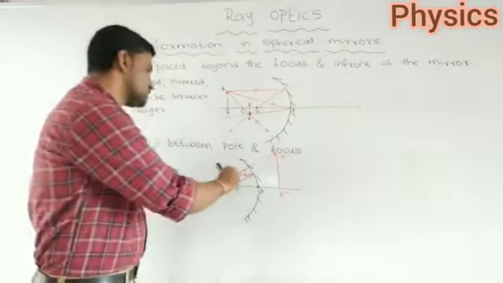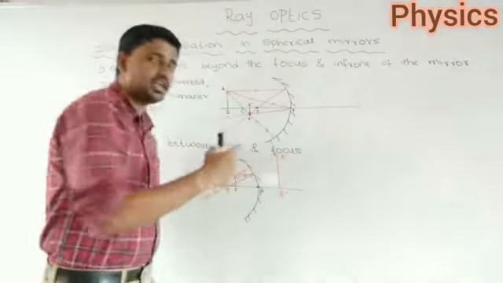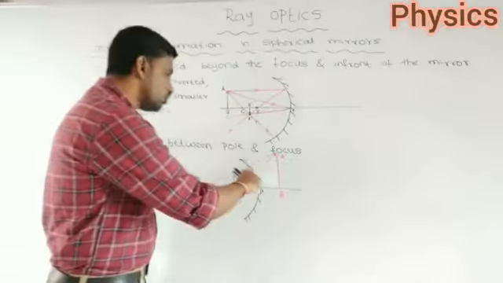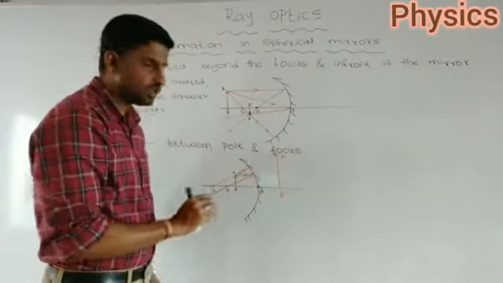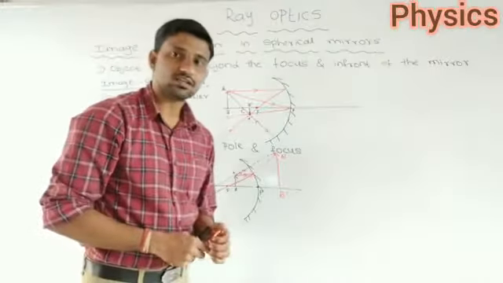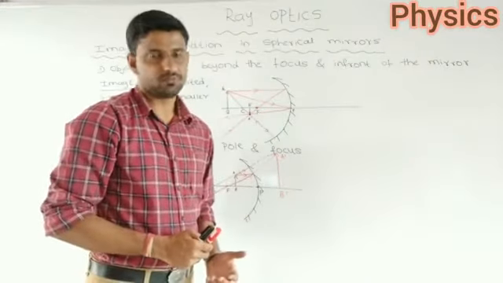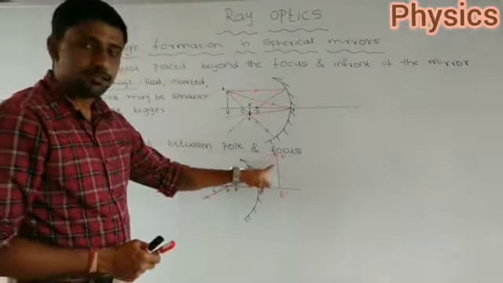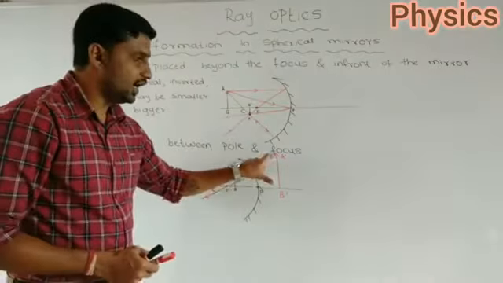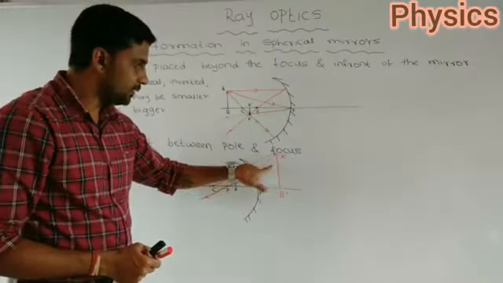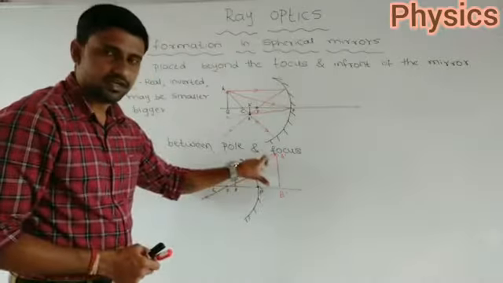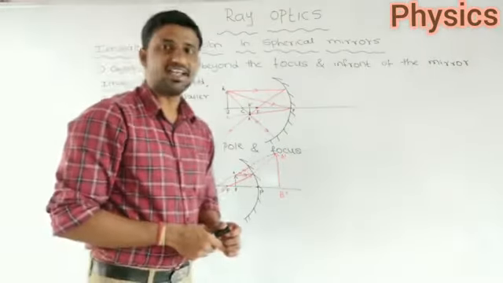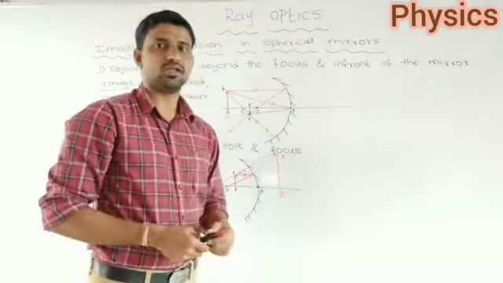And after reflection, the reflected rays do not meet, and they appear to diverge from a point. That type of image I can call a virtual image. And if you observe, the image of this object is straight, so it is called erect. Straight image is called erect.